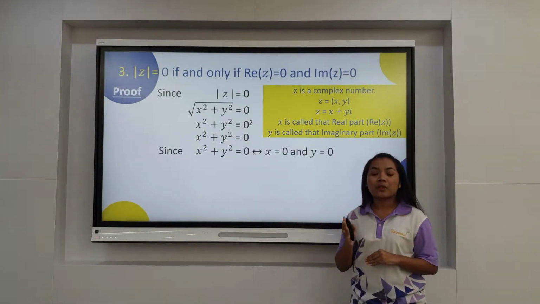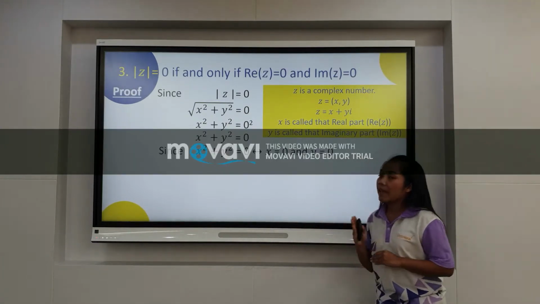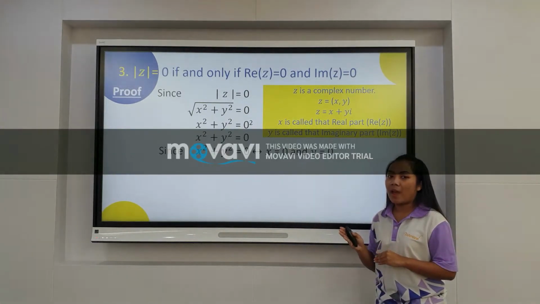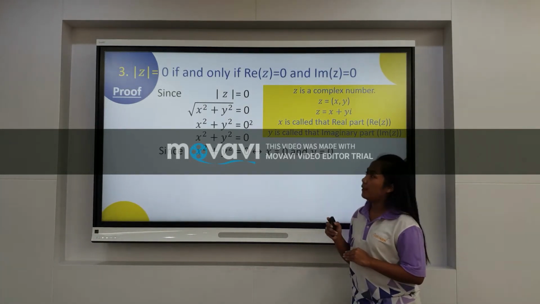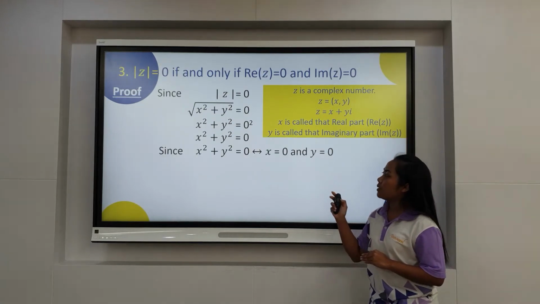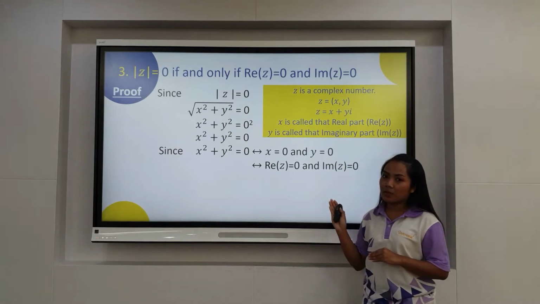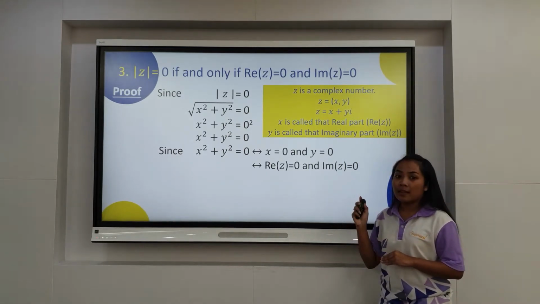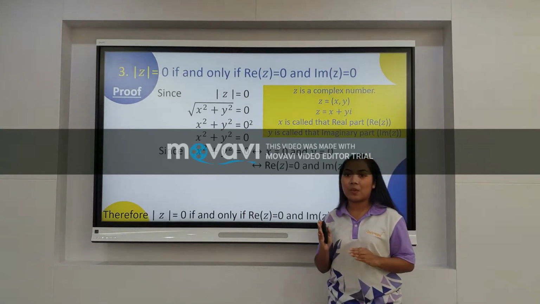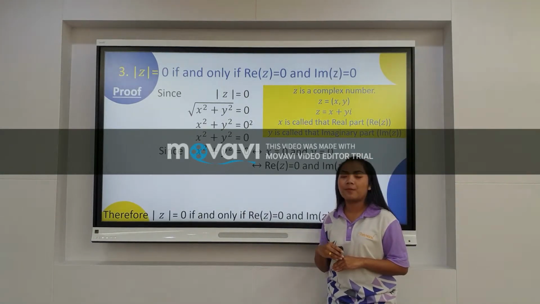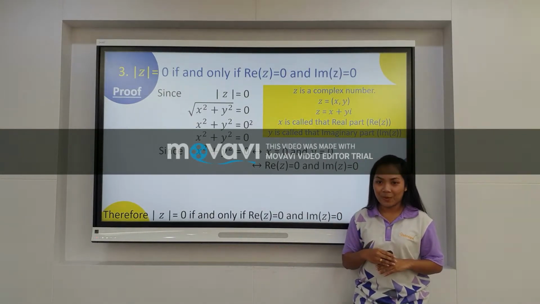Since x squared plus y squared equals 0 if and only if x equals 0 and y equals 0, let's look back at the definition. If x equals 0, we get real z equals 0, and y equals 0 gives imaginary z equals 0. So we get absolute z equals 0 if and only if real z equals 0 and imaginary z equals 0.